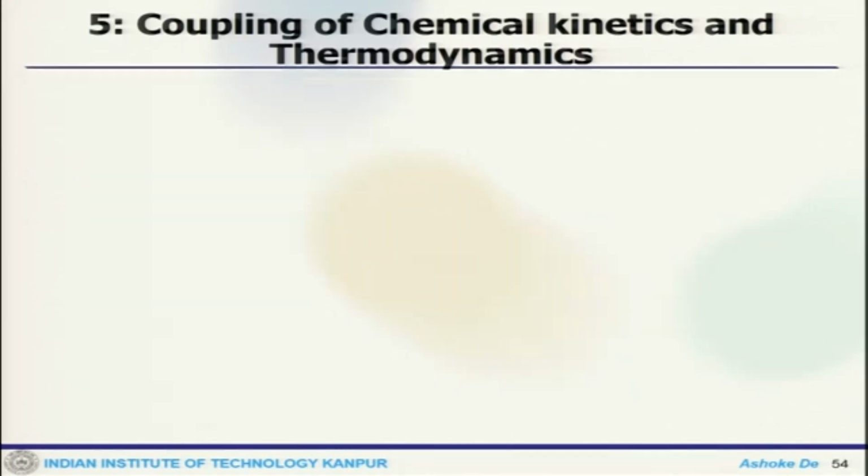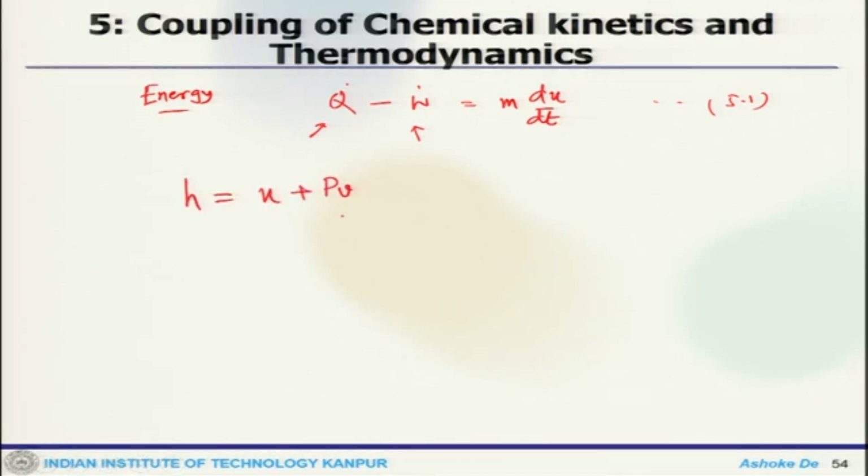Now, let us look at the conservation of energy for a fixed mass system. The energy conservation equation gives Q dot minus W dot equals m du by dt. Here, Q dot is the heat transfer and W dot is the work done. Now, we use the definition of enthalpy, H equals U plus PV, and differentiating gives du by dt equals dH by dt minus P dV by dt.